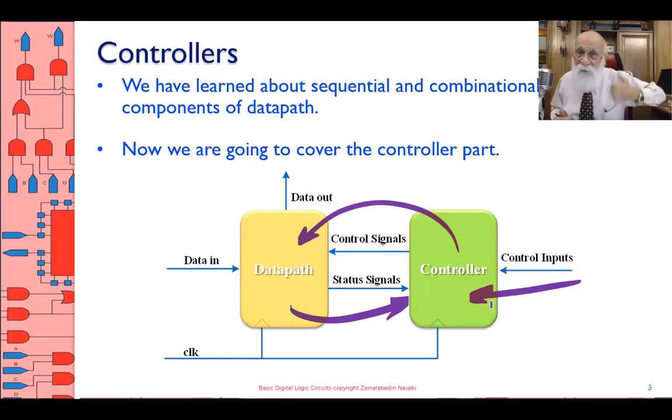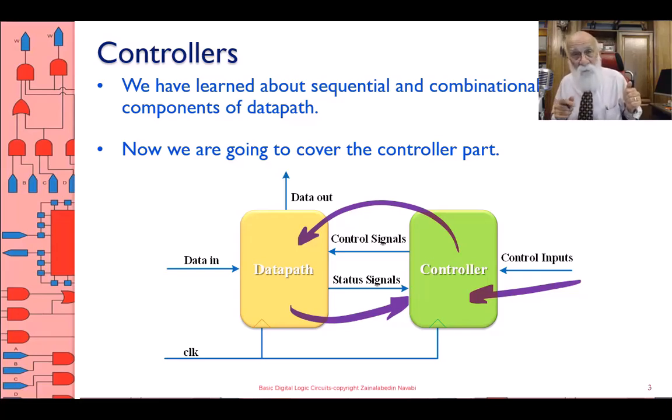So what it is, the controller is a sequential component. Why? Because it has memory. Because it has to have memory, because it is making decisions. If I want to talk about a real controller, it has signals coming from everywhere and making a lot of decisions and all of that, which may not be possible at this stage in learning digital systems.